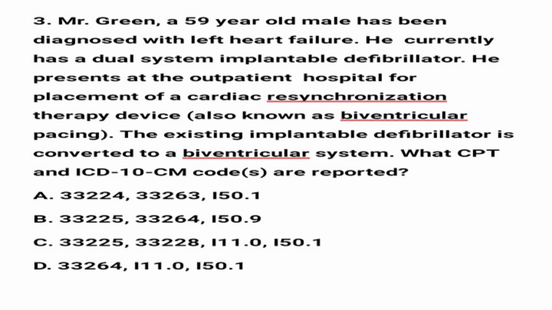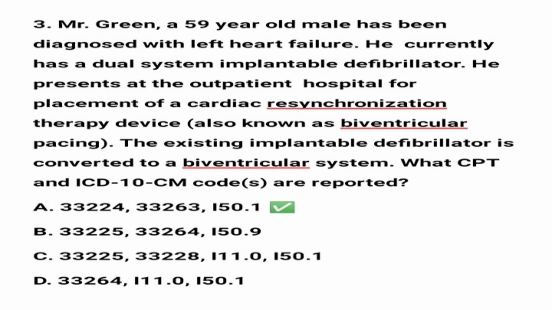So this was the right answer, but let us check option D. 33264 is for removal of an implantable defibrillator, so that's the wrong answer. Here the procedure was placement of cardiac resynchronization therapy. So the right answer is option A.